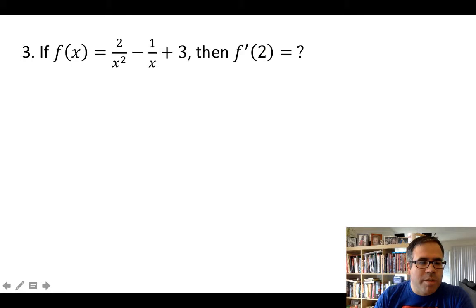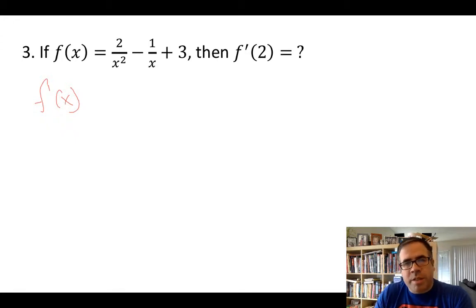Okay, moving on. If f of x is equal to 2 over x squared minus 1 over x plus 3, then what is f prime at 2? So we're going to find our f prime by taking the derivative term by term. For the derivative of 2 over x squared, you can either use the quotient rule or, the way I'm going to do it in my head, change this into 2 times x to the negative second.